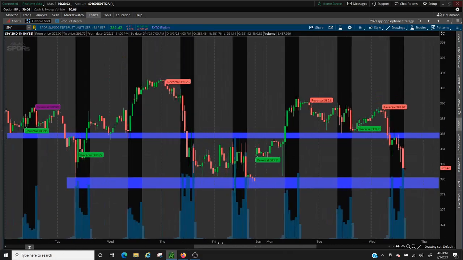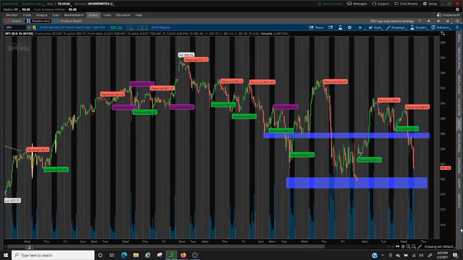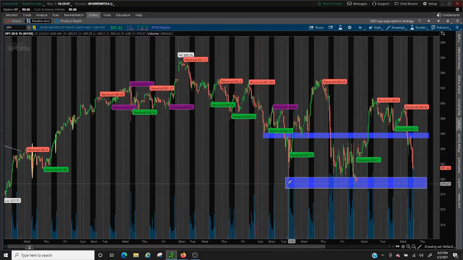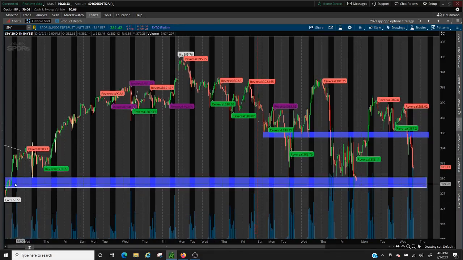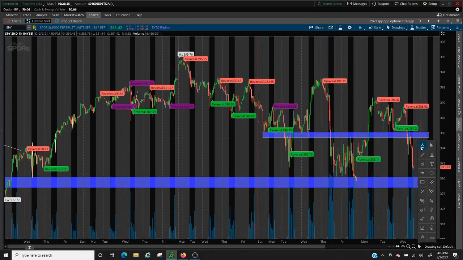Let's see if we go this way. Okay, look at this. If we extend this even farther to the left, we're gonna see that in the past, right over here, let me extend this.